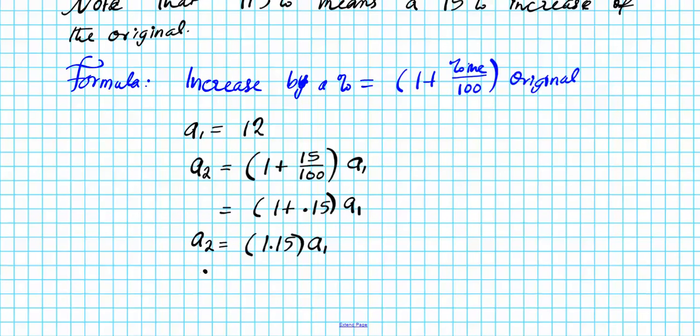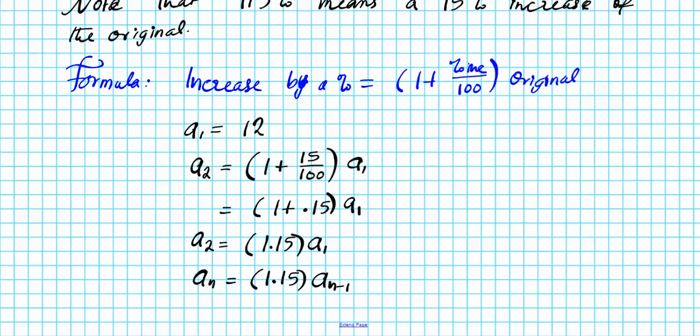Okay, so let's generalize. For AN, what will it be? What's the relationship between A1 and A2? A1 comes before A2. So what comes before AN? Using recursive definition, AN minus 1. 2 minus 1 is 1. So AN minus 1 will give you the term that's before it.